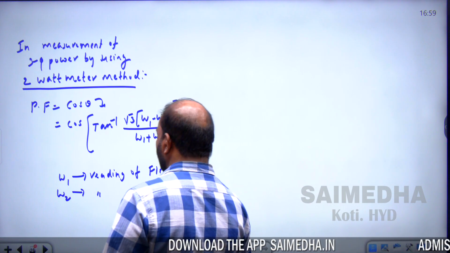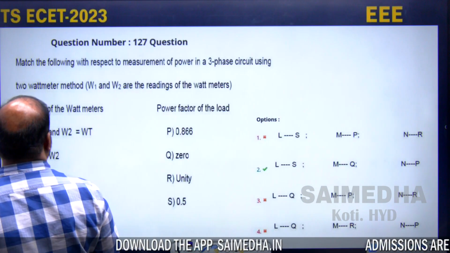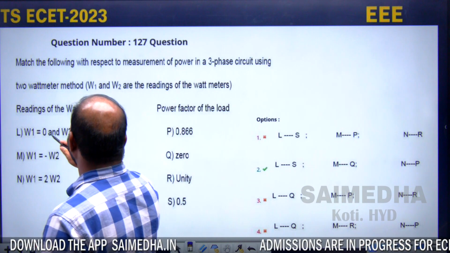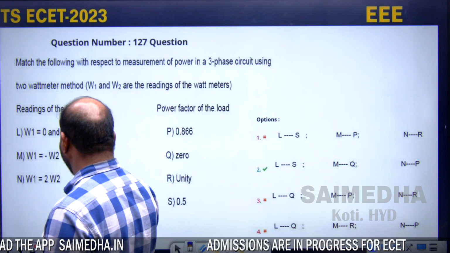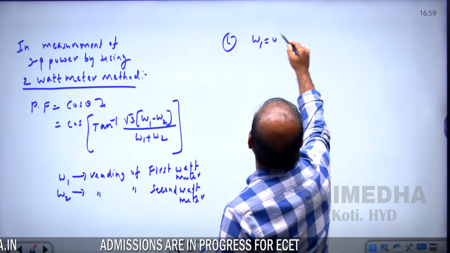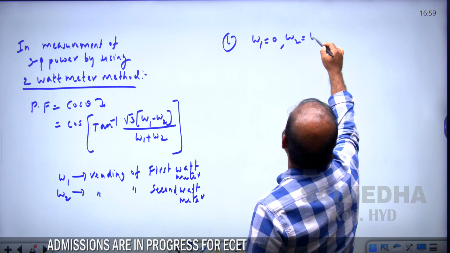We need to match and find the power factor. First option L: W1 is equal to 0 and W2 is equal to WT.